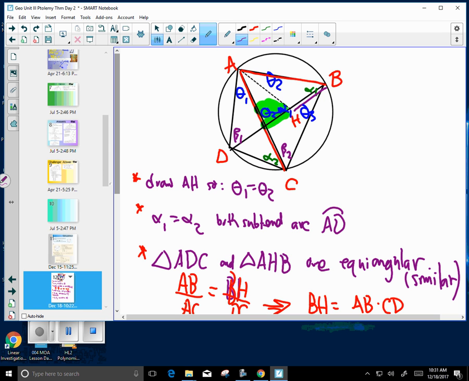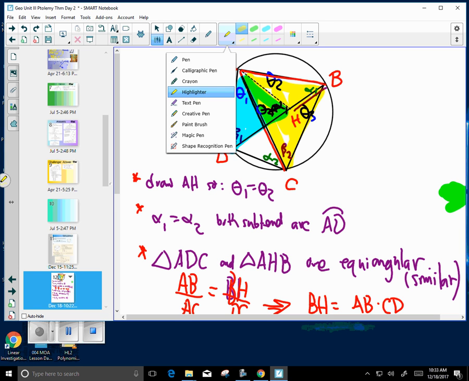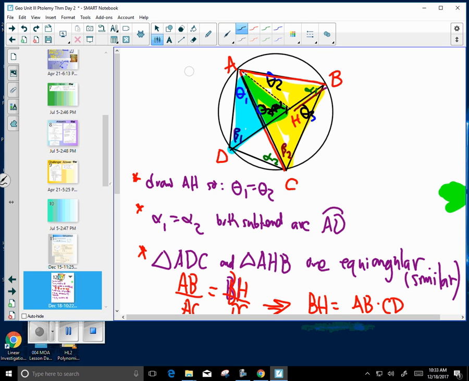Okay, so a little hard to see here, but we're doing our very best here. We're going to have this angle here is alpha plus theta. This angle here is alpha plus theta.